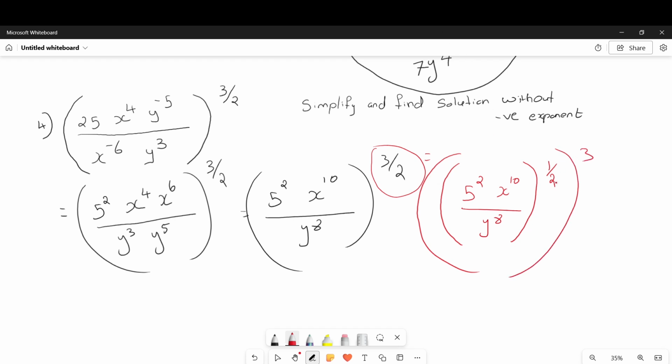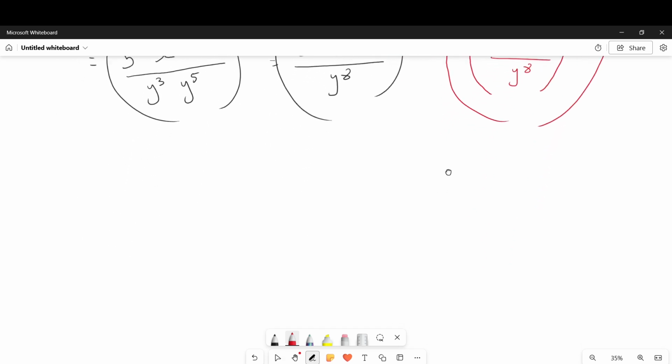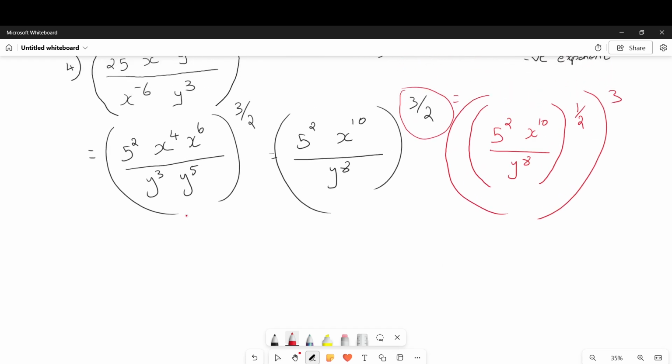Both are equal, so when you open the bracket, just multiply these, and you will get 3 by 2. Going forward, first we will pull out the perfect squares. What this 1 by 2 means is taking the square root.